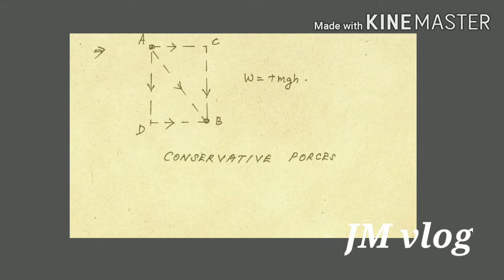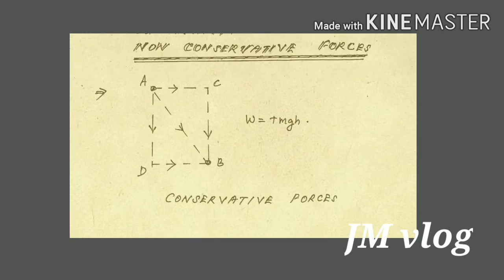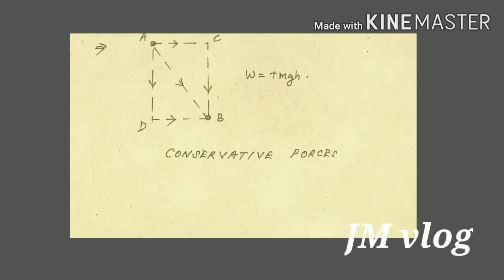Then we get the work done W as mgh, the same. My another way is from A to D and then D to B. While moving A to D, the force is downwards and the displacement is h, so I get the work done as mgh, the same as in the previous cases.